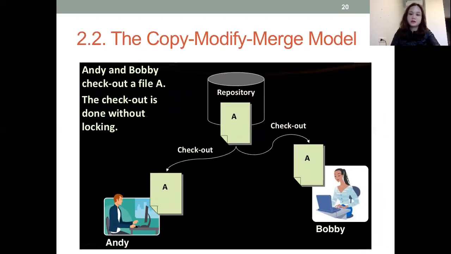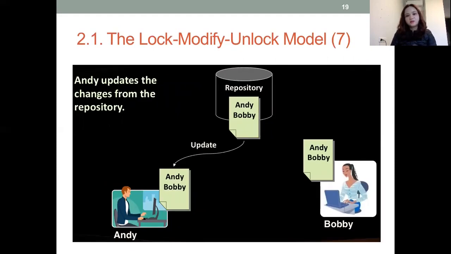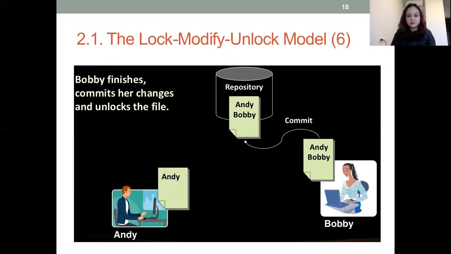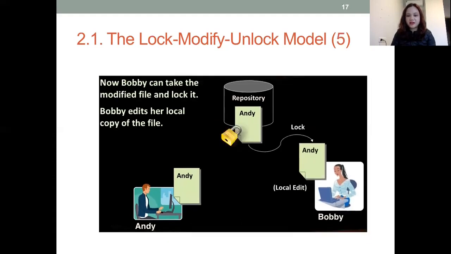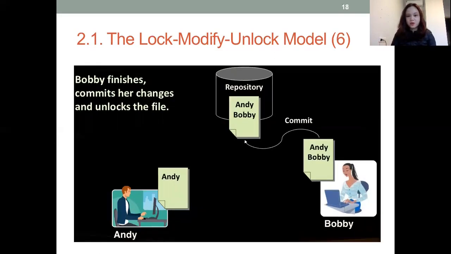In this versioning model, you see that we don't have any concurrent editing by multiple members in the project. They cannot concurrently edit a resource. So it's very easy to maintain the consistency of one resource, the common resource.